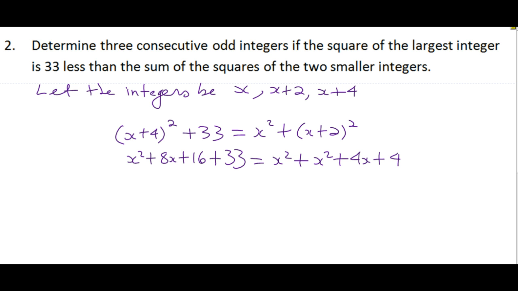So we expand it out, we collect all the terms together on each side, and then we move everything to one side to get a quadratic equation, right? What's characteristic? It's got to be equal to 0. Okay, so we get x squared plus 8x plus 49, and we've got 2x squared plus 4x plus 4.